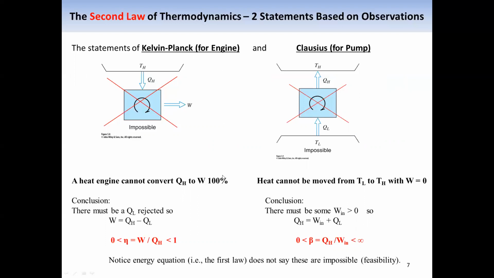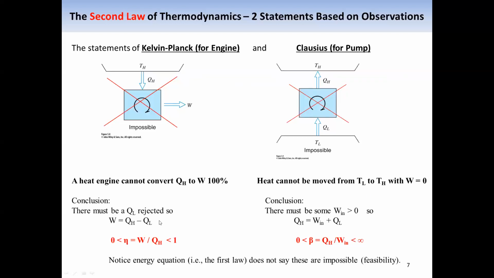It says it's impossible to convert the energy completely to work. The second statement was initiated by Clausius for the heat pump. It says it's impossible to bring 100% of the heat from a low temperature reservoir to a high temperature reservoir without work. So these are the two commonly observed phenomena.